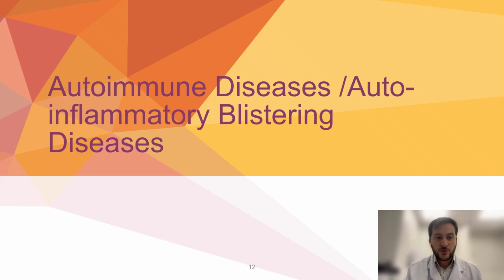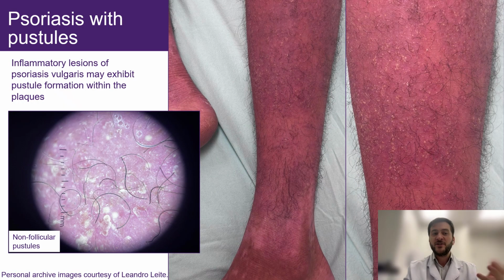And now we are going to start talking about autoimmune diseases and autoinflammatory blistering diseases. The first disease we bring is psoriasis, plaque psoriasis, psoriasis vulgaris. We now understand GPP and plaque psoriasis as different diseases, and they can occur together as comorbidities.